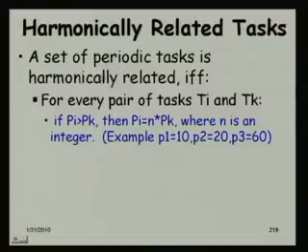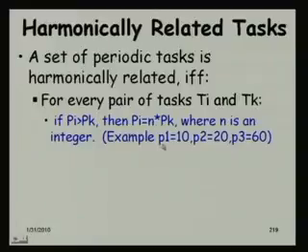Now let us check the case for harmonically related tasks. We call a set of tasks harmonically related if whenever we take a pair of tasks Ti and Tk, if the period Pi is greater than Pk, then Pi will be n times Pk, where n is an integer.